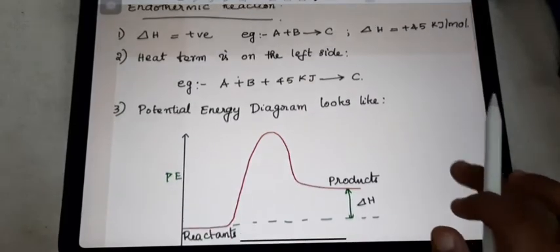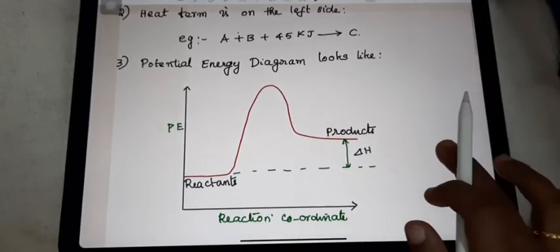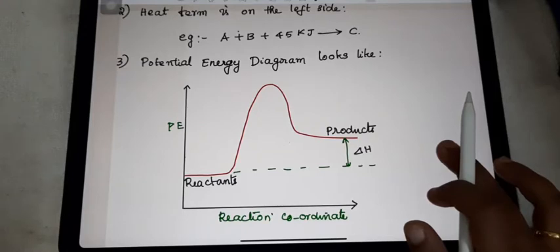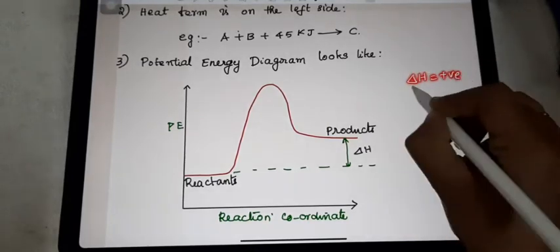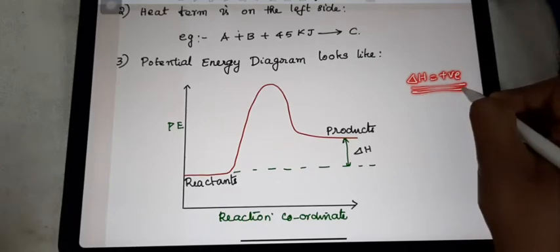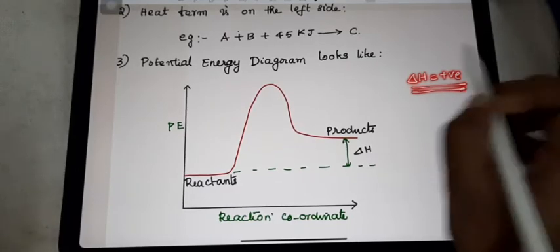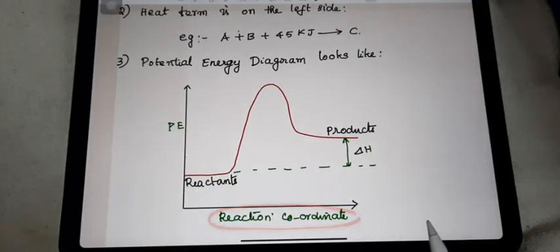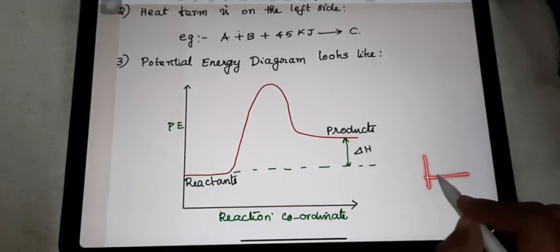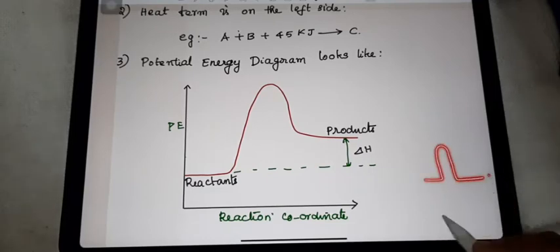Okay, we can check the potential energy diagram of endothermic reactions. We know that delta H has to be positive for an endothermic reaction. So how will the potential energy diagram look? Potential energy is drawn on the y-axis and the reaction coordinate on the x-axis. Normally the graph goes from reactants to products like this.